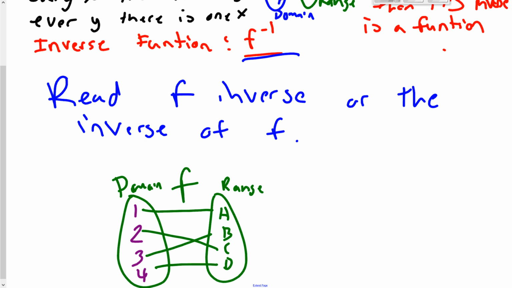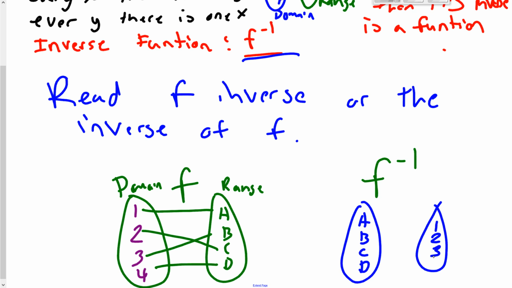Well, if I find the inverse, f inverse, the domain would be A, B, C, D, because I'm going backwards, and I'm going to 1, 2, 3, 4. So 1 would go to A, B would go to 3, C would go to 2, and D would go to 4. So it's going backwards.